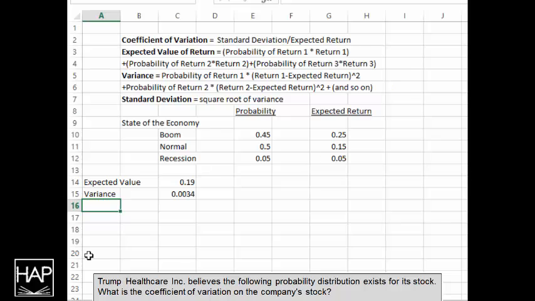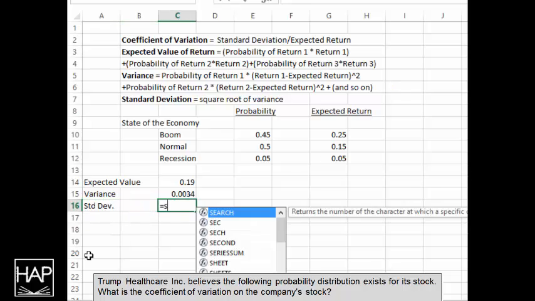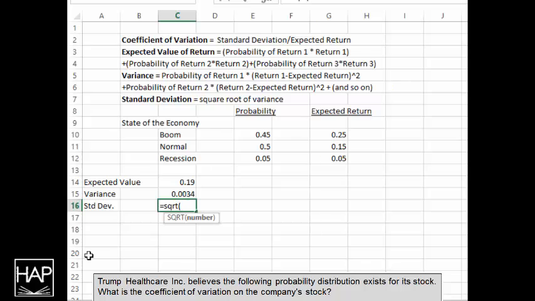In order to calculate the standard deviation, I just need to take the square root of that variance. The square root function is SQRT, and then just put in the number here, and it gives me the standard deviation of 5.83%.